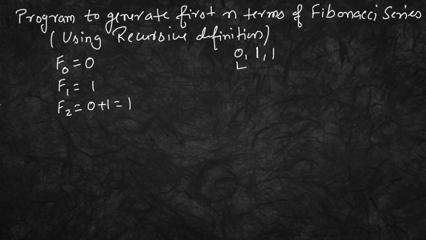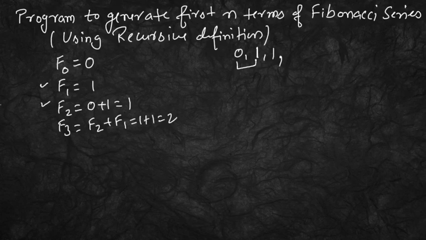This is the sum of this and this, and the next term f3 is the sum of f2 plus f1, which is 1 plus 1 is equal to 2.